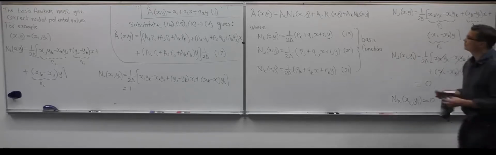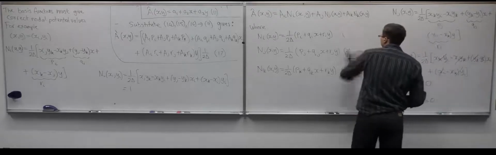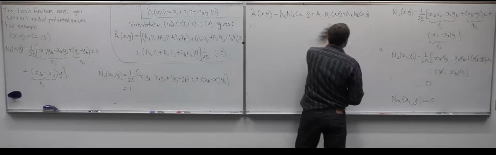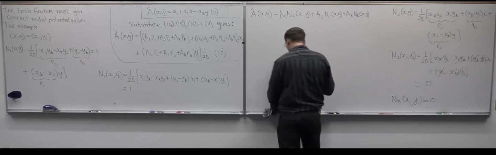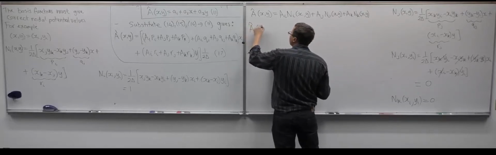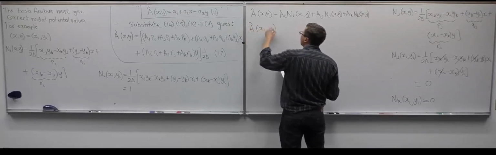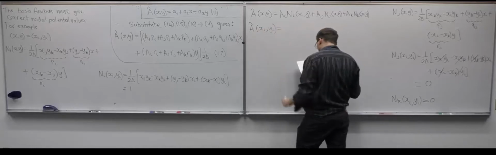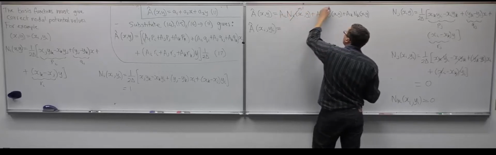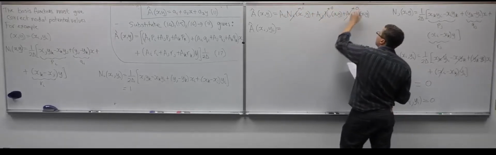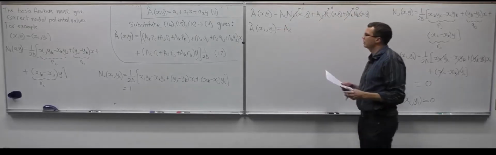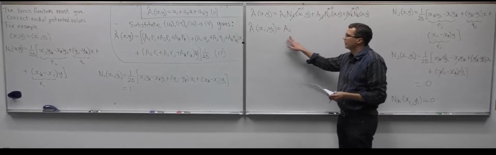So in summary, when we substitute xi, yi into our trial function, we get this being 1, this being 0, and this being 0, so we end up getting ai, which we should. If we didn't, we'd be in trouble.